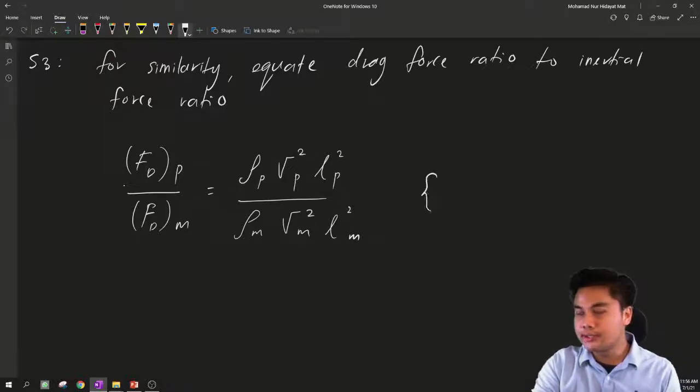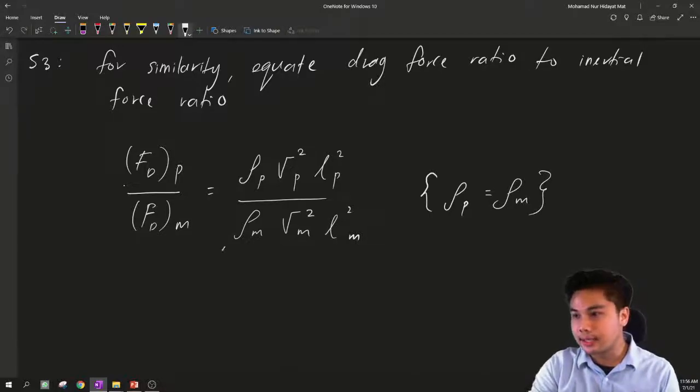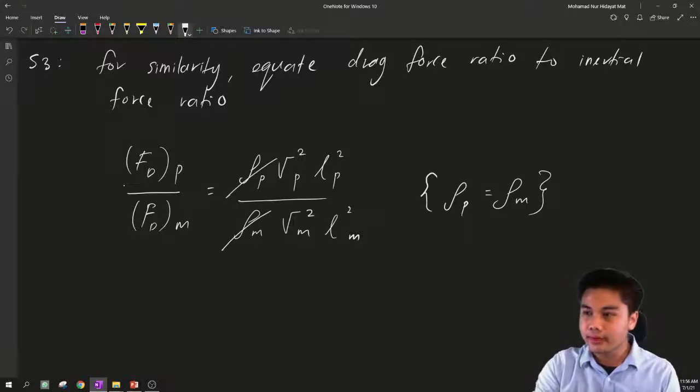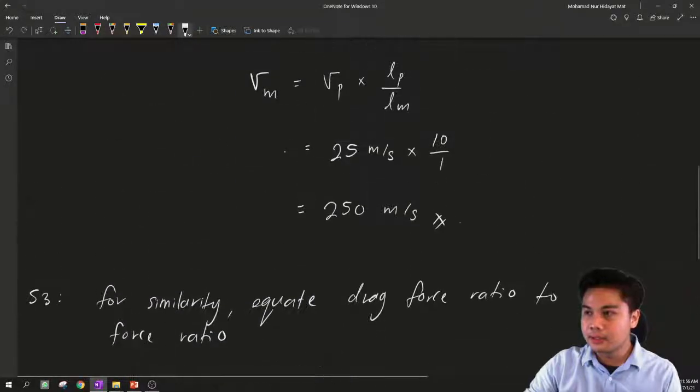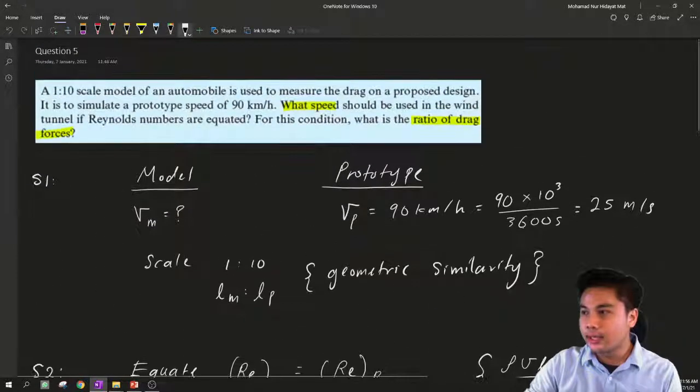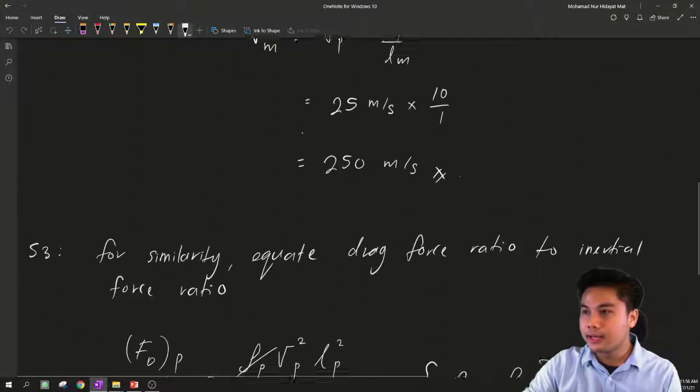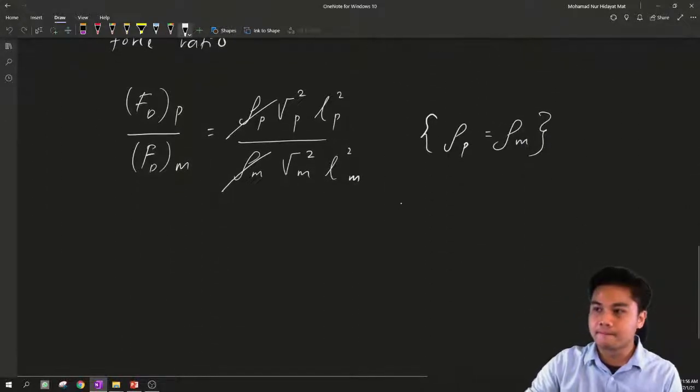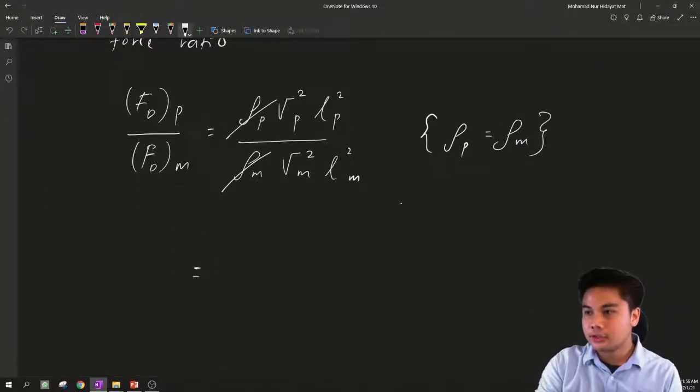We know that this is under the influence of air, so the density of both model and prototype should be the same. We can cancel out this term, and then just substitute the values.